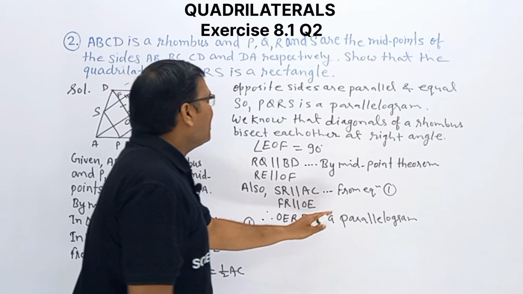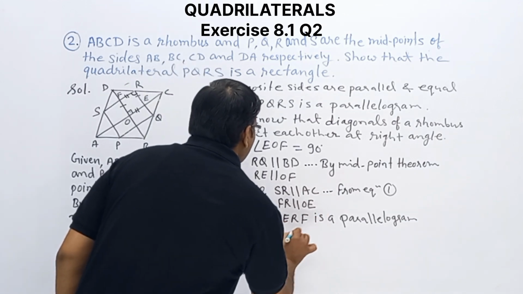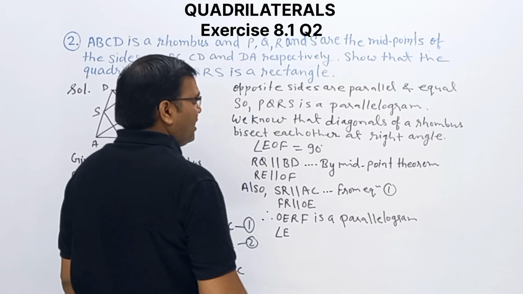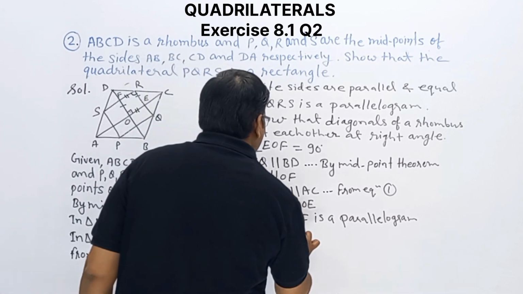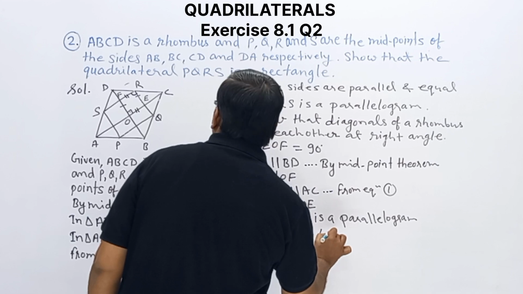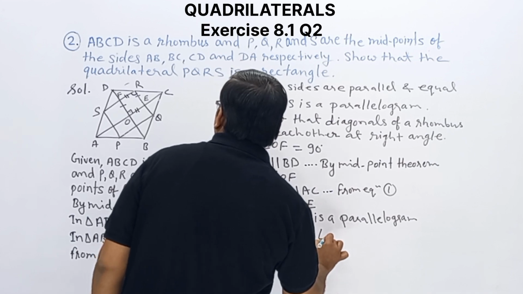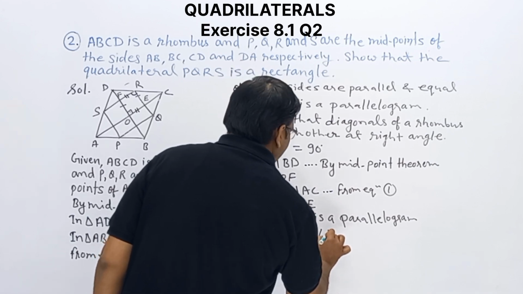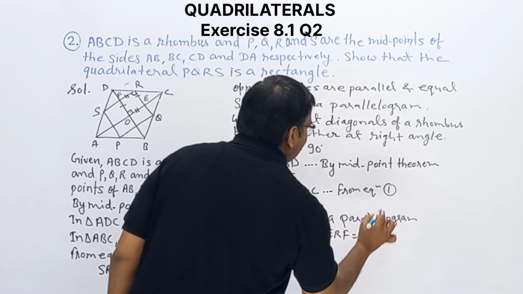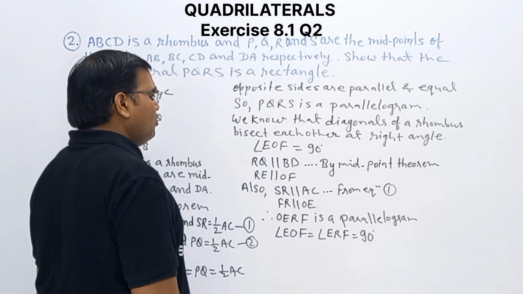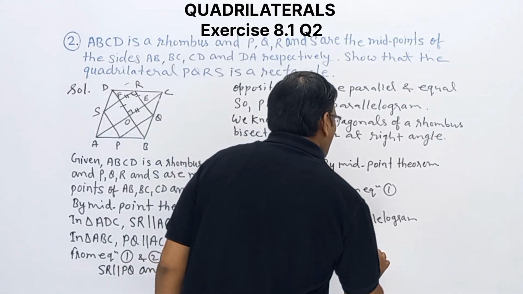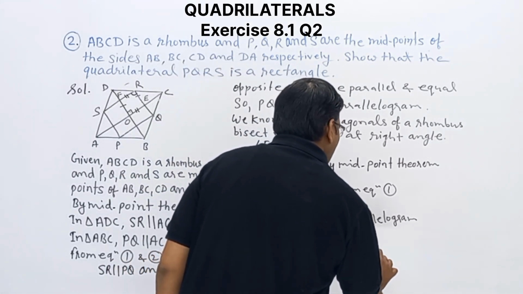So OERF is a parallelogram, so we can say angle EOF equals angle ERF equals 90 degrees, opposite angles of a parallelogram.